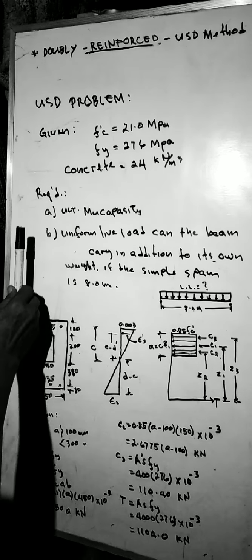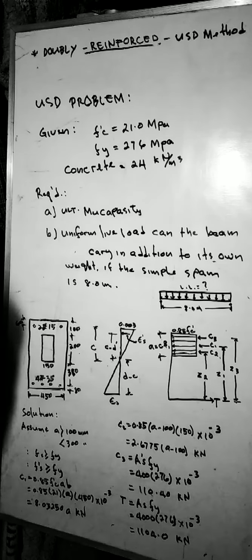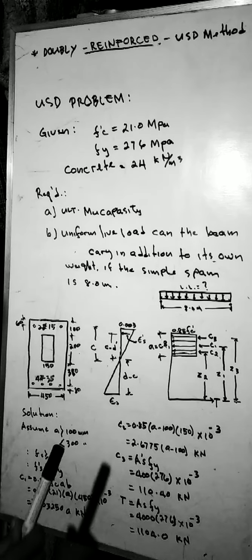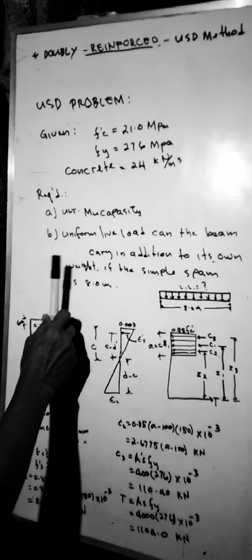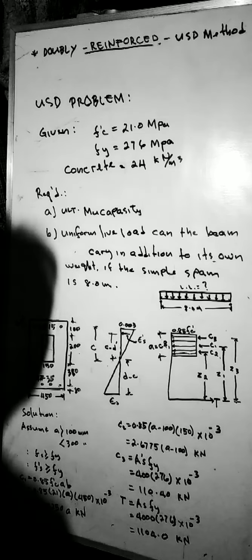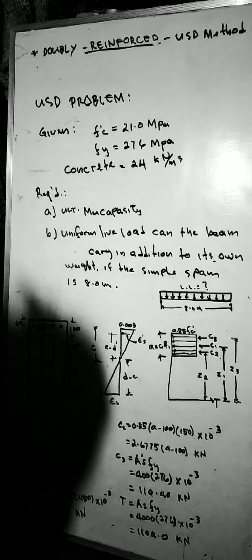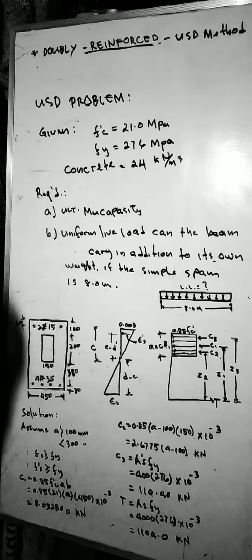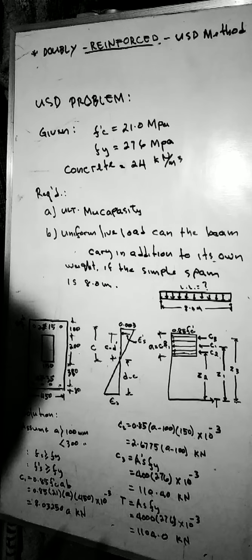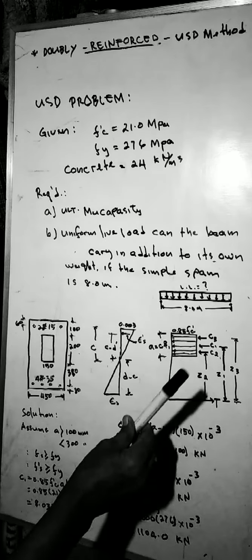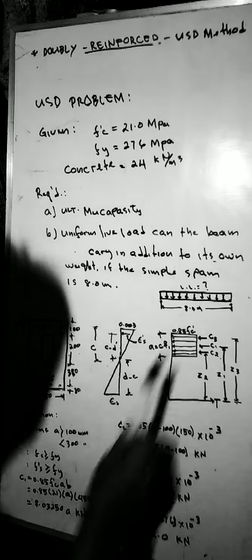The required are: A, the ultimate moment capacity of the section, this section. Letter B: what uniform live load can the beam carry in addition to its own weight if the simple span is 8.0 meters? This is the load diagram. This is the section.